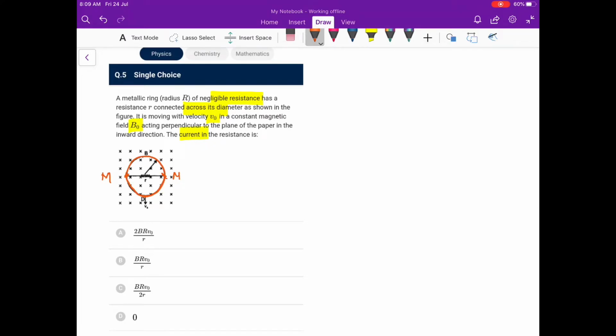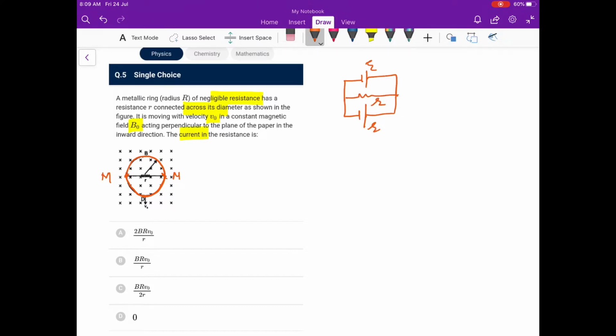Okay, so these are the two loops because both are moving. So for the EMF induced, if I do V cross B, this N side will be positive in both the cases. So we will have the two batteries like this. This is E, and this would be the R in between.